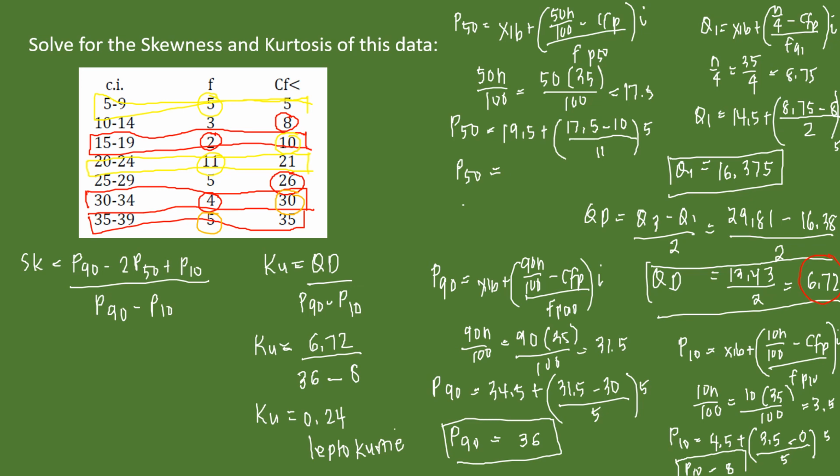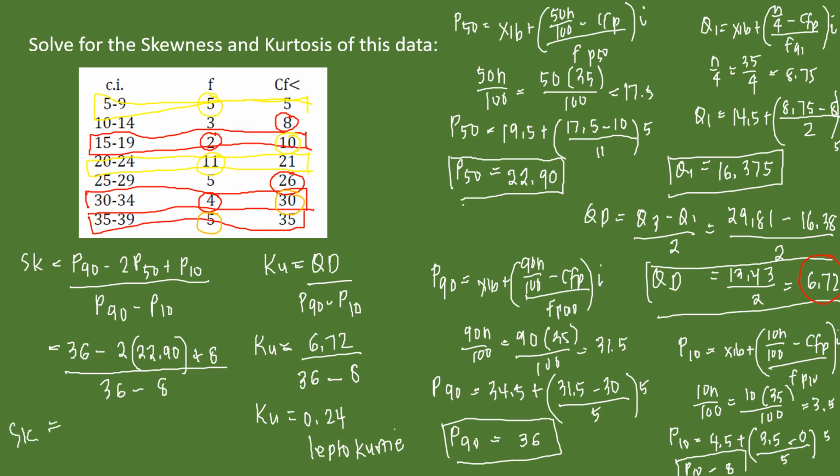So we have P50 as 22.90. So since we already have all these values, we can now substitute. So P90 is 36 minus 2 times P50, which is 22.90, plus P10, which is 8, divided by P90 is 36 minus P10 is 8.